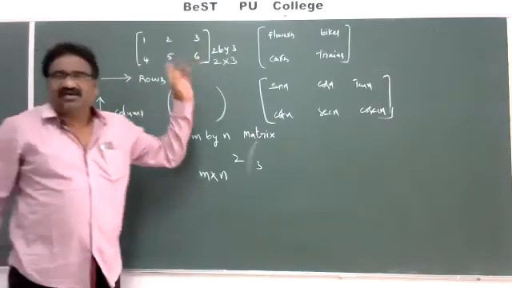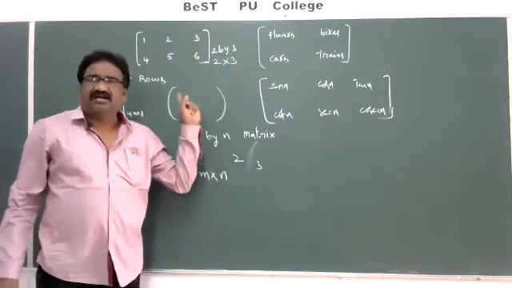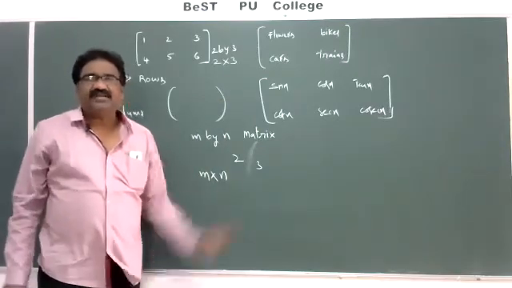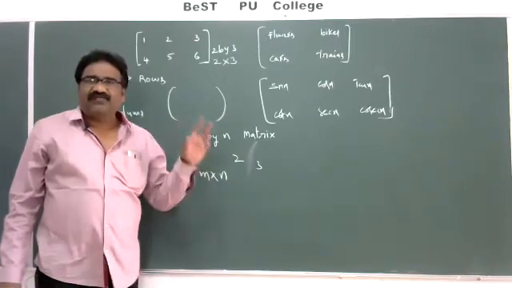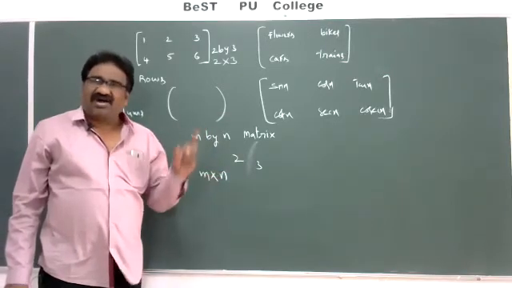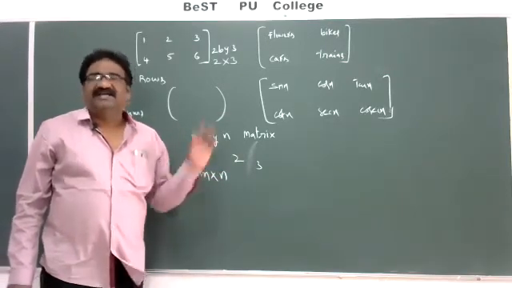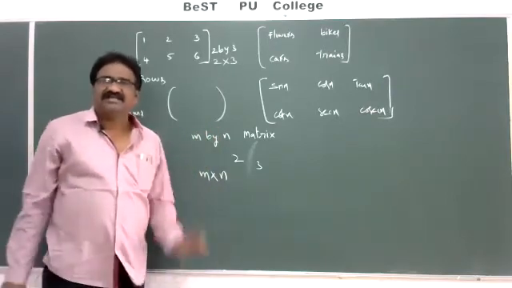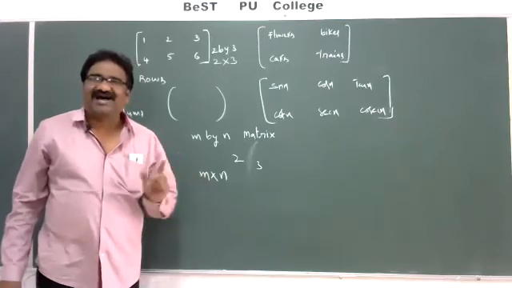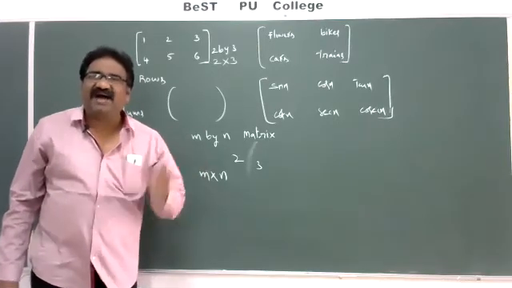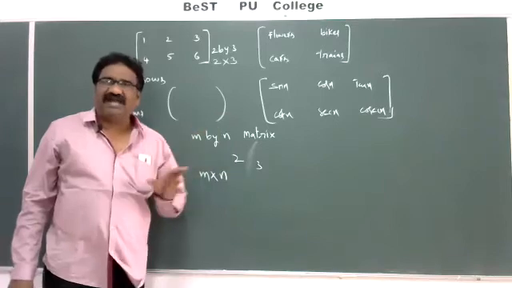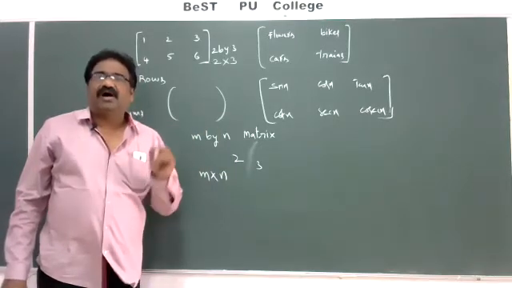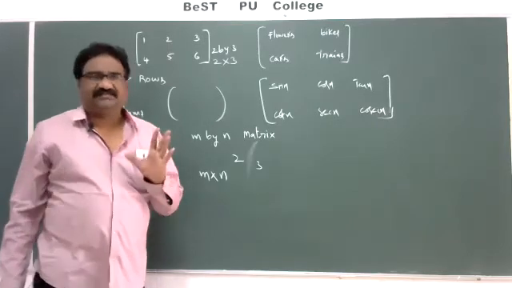Horizontal lines are called rows and vertical lines are called columns. What is meant by order of the matrix? Number of rows cross number of columns, read as number of rows by number of columns, represents the order of the matrix.